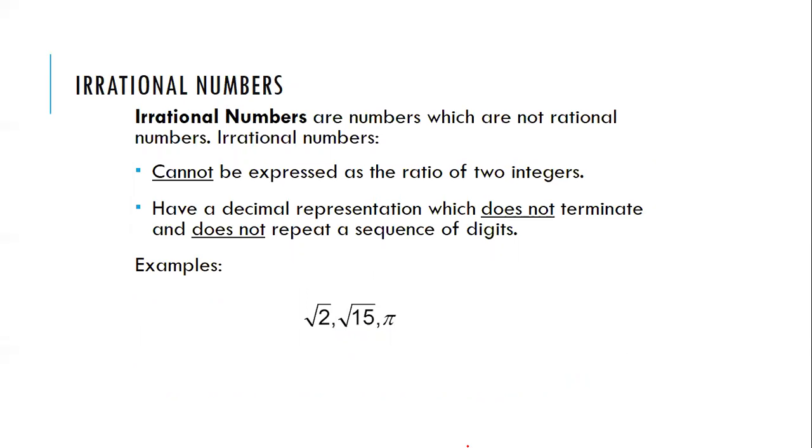The last of the categories is irrational numbers, which are numbers that are not rational numbers. They cannot be expressed as the ratio of two integers, so they cannot be written as a fraction. They have a decimal representation, however, the decimal does not terminate and does not repeat. So for example, square root of 2, square root of 15, or pi, those are irrational numbers.